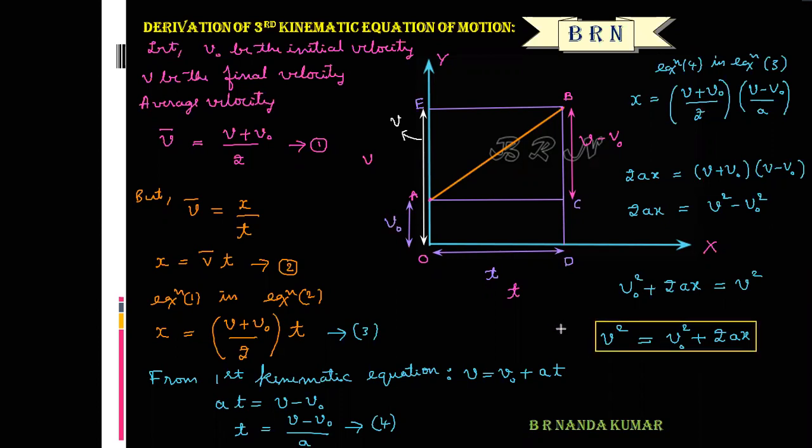The first one is v is equal to v naught plus at. The second one is x is equal to v naught t plus half a t square, and the third one is v square is equal to v naught square plus 2ax.